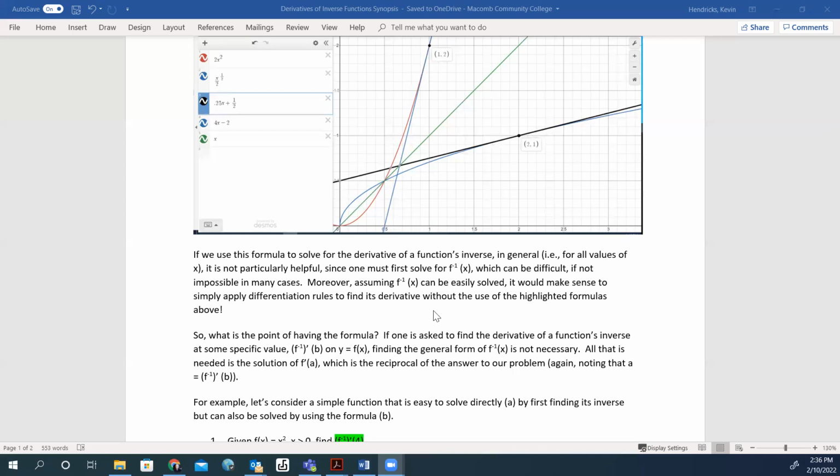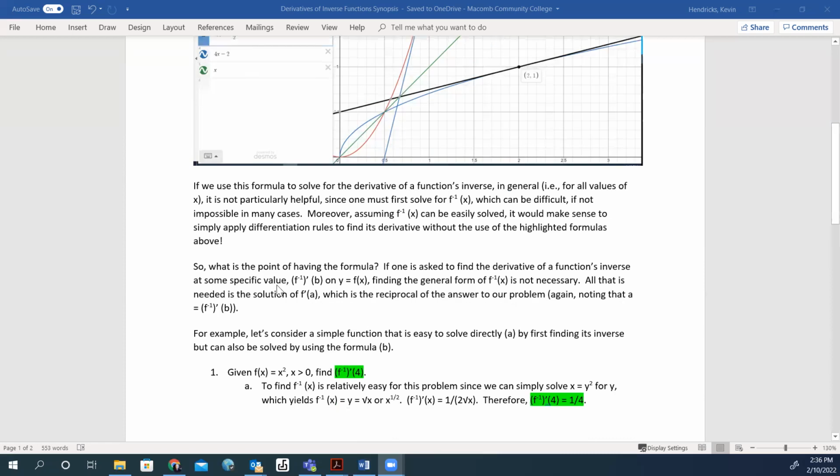But what we can use it for, that's what this next paragraph talks about, is to find derivatives at specific values of an inverse function, especially if we don't know how to find the inverse function itself.